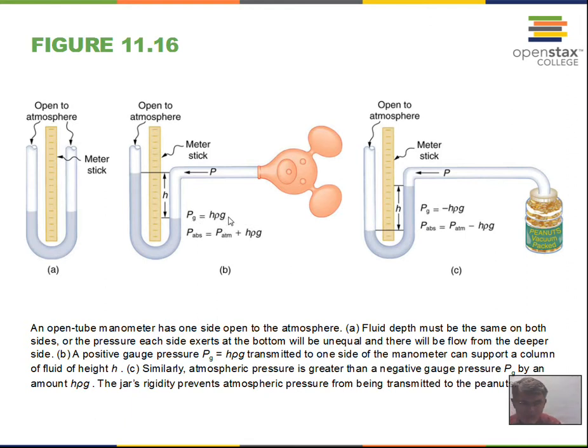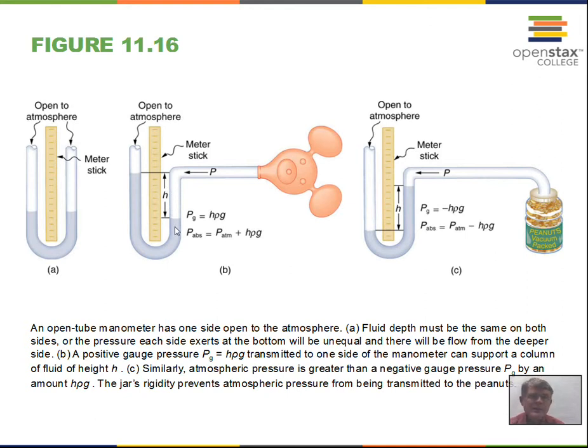I'm more in the habit of writing density times acceleration due to gravity times h. It works out the same, and it doesn't matter which factor comes first. But the pressure is rho g h: the density of the fluid, acceleration due to gravity, and the height difference on the two sides.